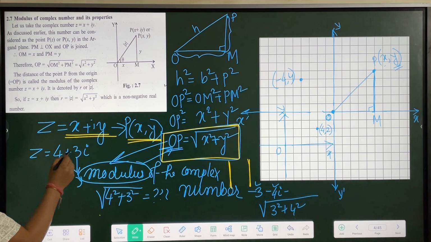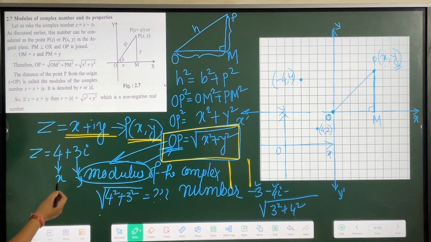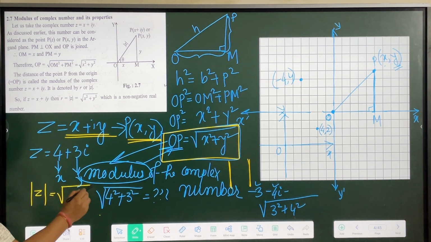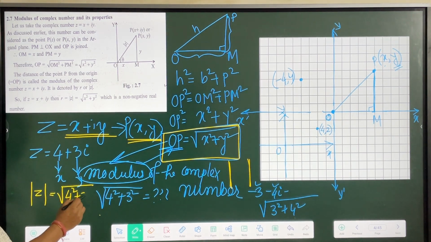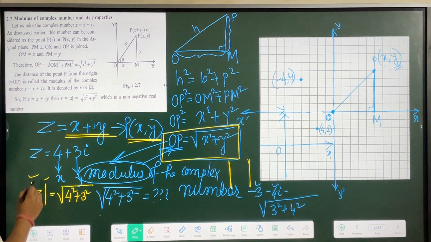If z equals 4 plus 3i and we want to find the modulus of z, we write mod z. Shortly we say mod, we don't say modulus every time. Mod of z is equal to the square root of 4 square plus 3 square. The symbol of modulus is 2 lines. Just that is the symbol.